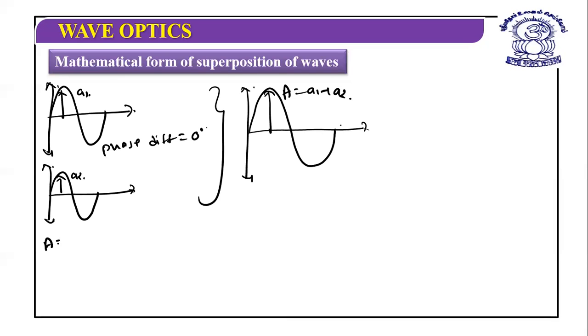So we can write A equals under root A1 square plus A2 square plus 2 A1 A2 cos theta. Here theta is the phase difference between the waves.